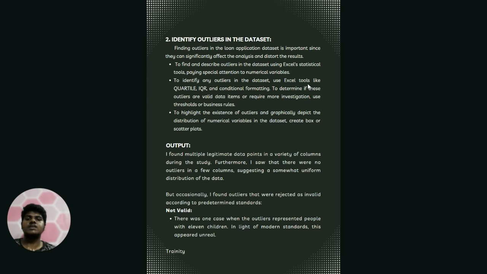Use Excel techniques like quartile, IQR and conditional formatting to find any outliers in the dataset. Use criteria or business rules to establish whether these outliers are legitimate data items or whether further research is necessary. Make a box plot or scatter plot to visually represent the distribution of the numerical variables and draw attention to any outliers.